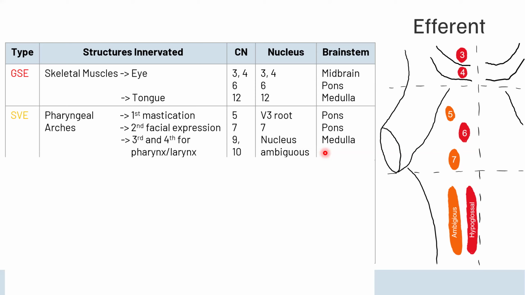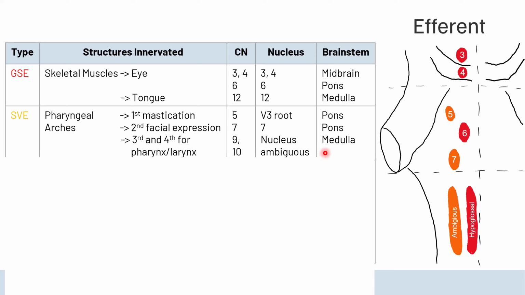Amazing. Which nerve was responsible for lacrimation? 7. Which nerve was responsible for salivation? There were 2. Absolutely, 7 and 9.